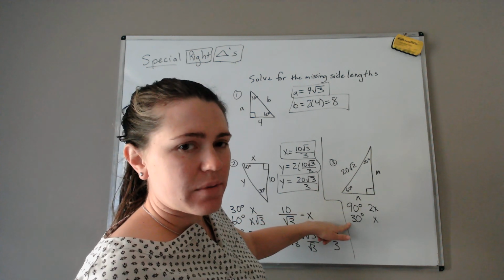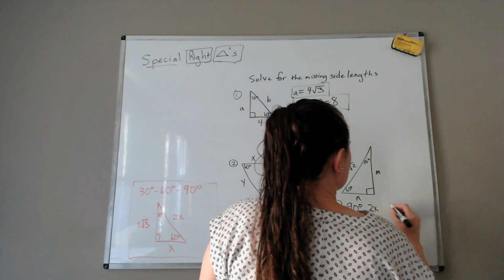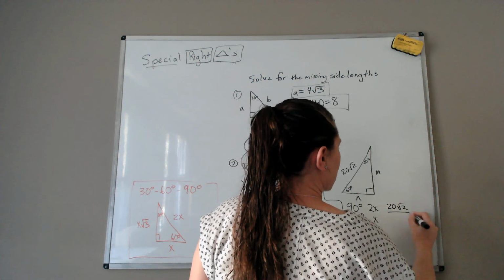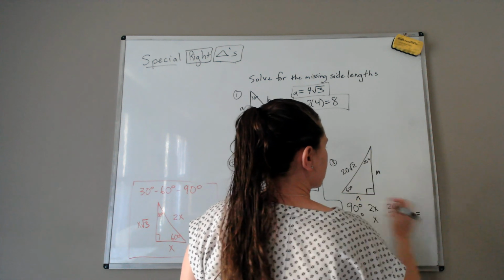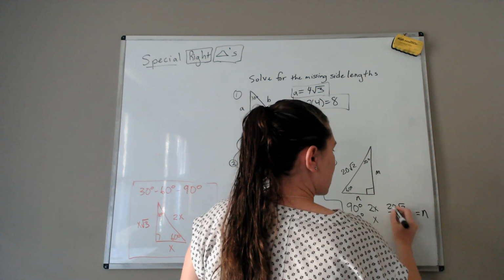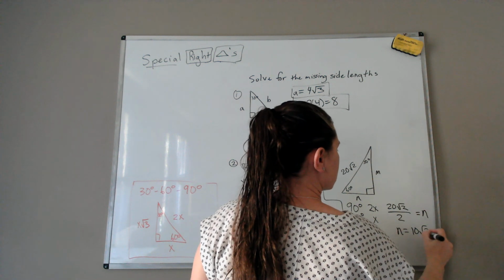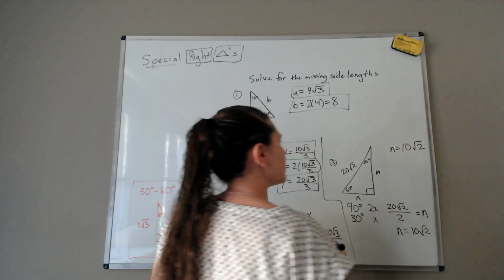Well, we know that we have to divide by 2. So if the length opposite 90 is 20 square root 2, we divide it by 2. That's going to give us the opposite 30, which is n. Simplify that: 20 divided by 2, 10 square root 2. So n has a length of 10 square root 2.